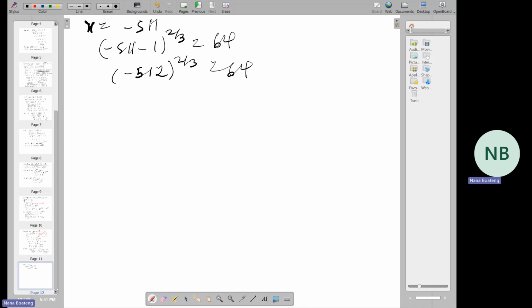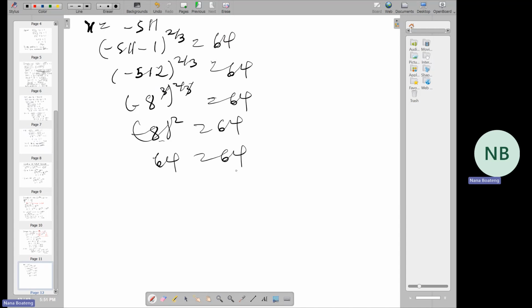Negative 512 is the same as negative 8 to the power 3. So minus 8 power 3 times 2/3 power is equal to 64. So this 3 cancels this 3. So we have minus 8 squared is equal to 64. Minus 8 squared is 64. This is equal to 64. So x is equal to negative 511 is also a solution. So we have two solutions: x is equal to negative 511 and x is equal to 513.